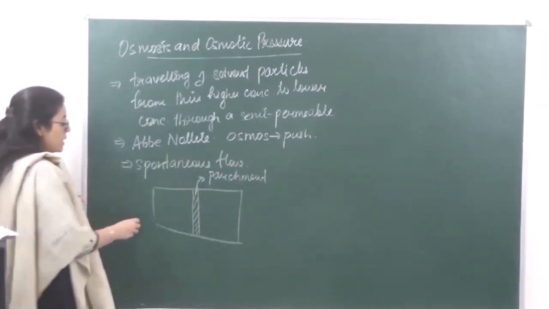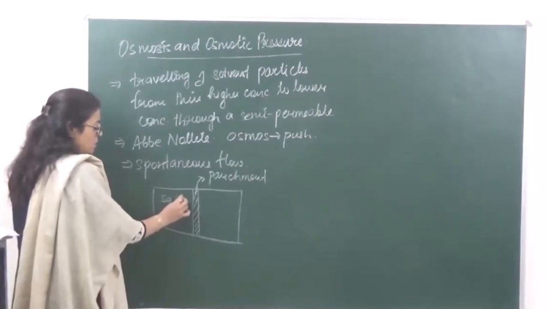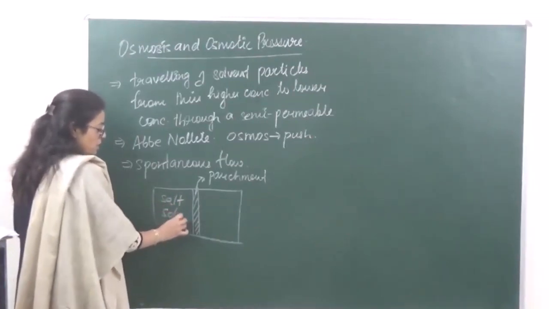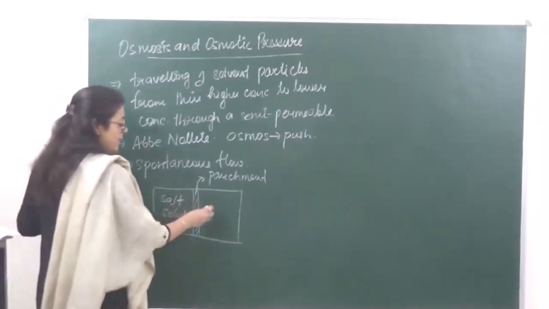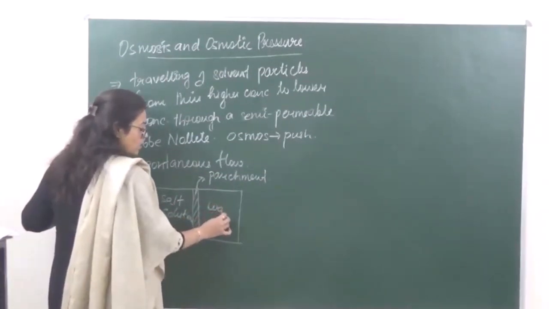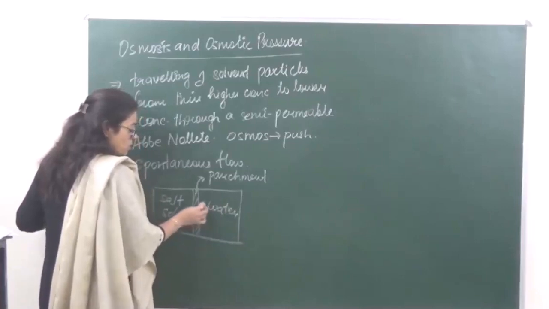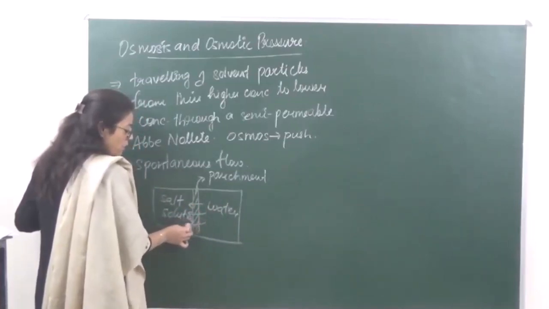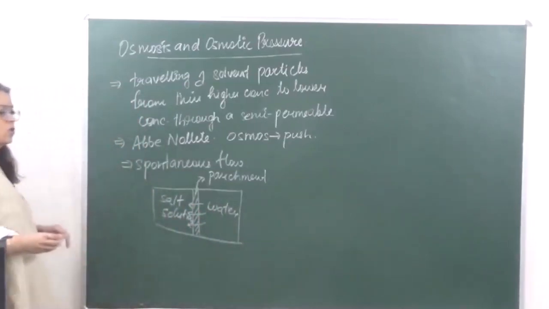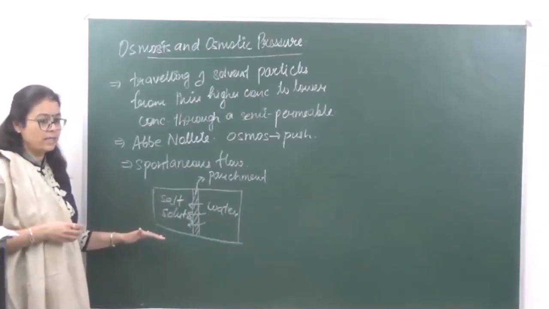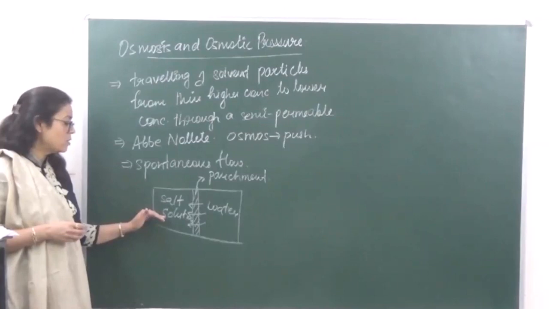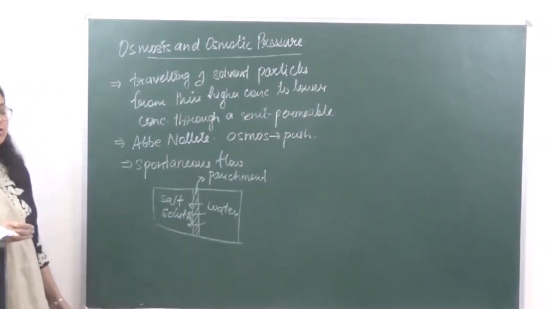In one compartment we are taking a salt solution. In the other compartment we are taking only water. So according to osmosis, the flow of water is going to be towards the salt solution and the level in the salt solution is going to rise.